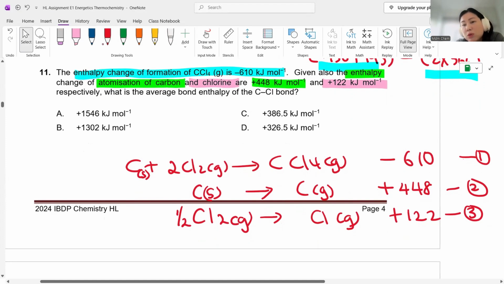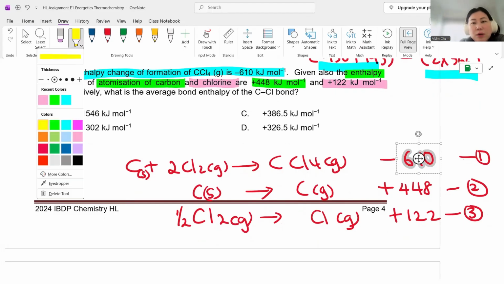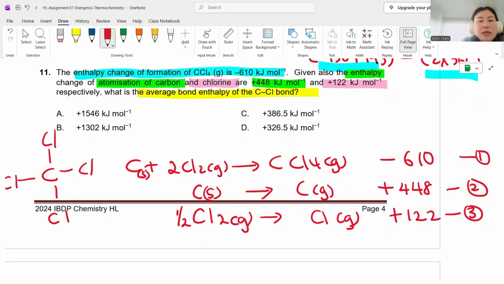So we need an equation for the bond energy, which is the last one. Let's write it out. That's what I'm supposed to find: the bond energy of C-Cl. If you look at CCl4, in order to get bond energy, I actually break 4 bonds. But that's not bond energy, I need 1 bond only, right?